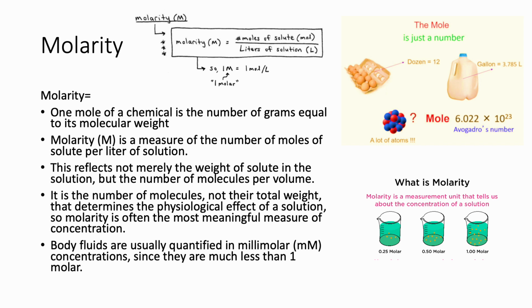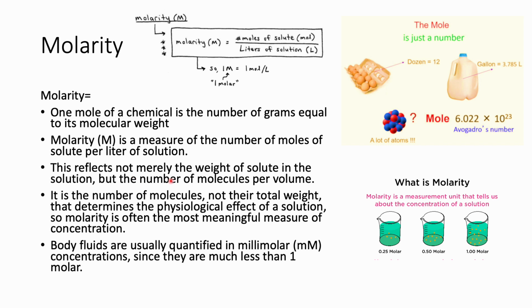An important concentration you should be familiar with is molarity. One mole of a chemical is the number of grams equal to its molecular weight. Molarity, capital M, is a measure of the number of moles of a solute per liter. Moles per liter, that is molarity.